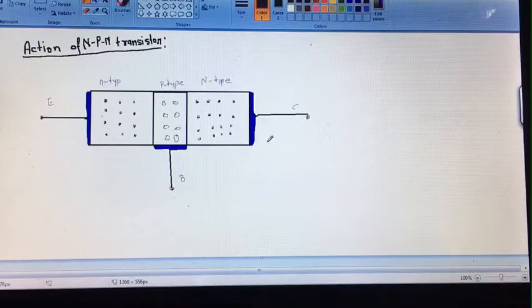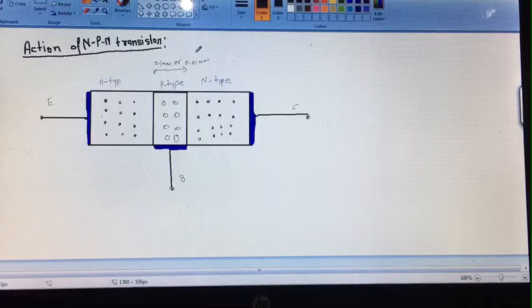Now, the thickness of this base region will be 0.1 mm or 0.01 mm. That is, this region is very thin.